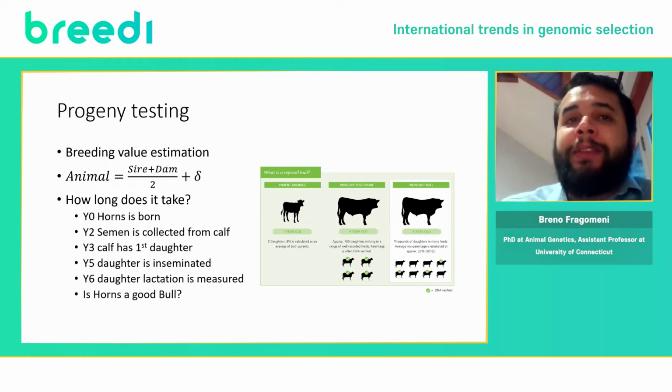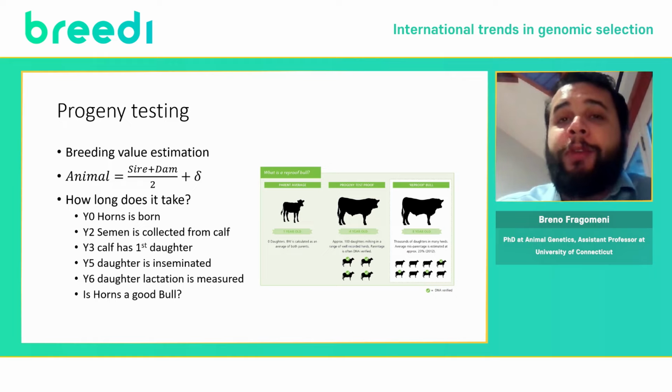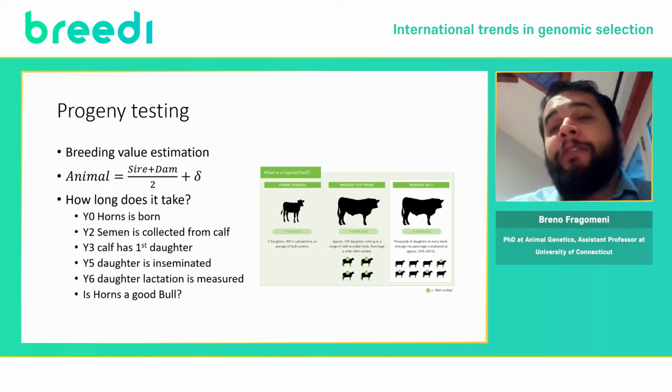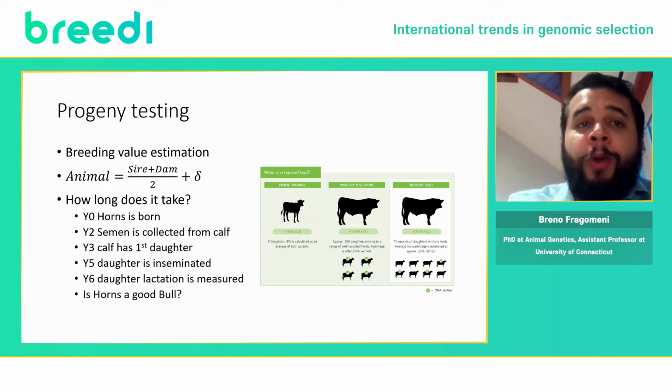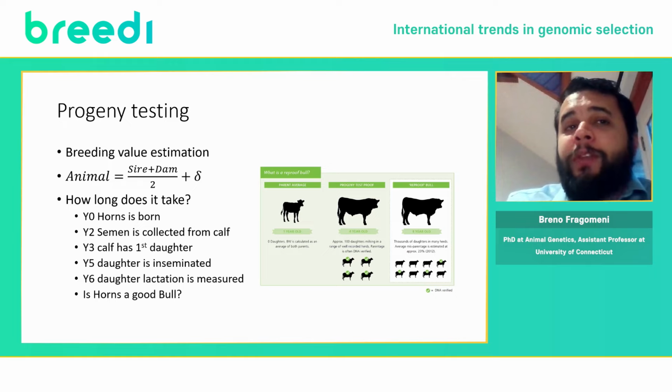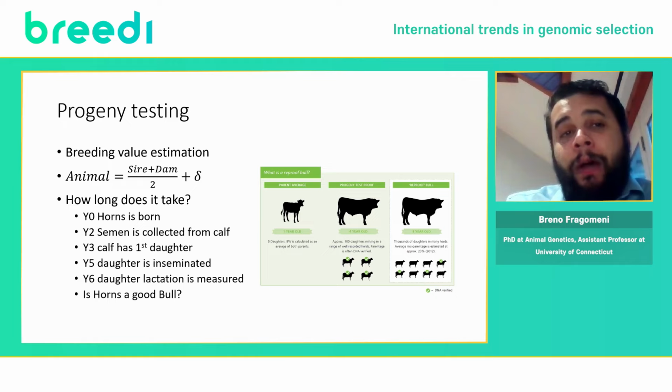How do we learn that a given animal is not just the average of their parents, that the breeding value of a given animal is not the average of the breeding value of their parents? Well, for a dairy bull, for example, let's call this animal here horns. We need to wait for this animal to grow so that we can collect semen, inseminate a cow.